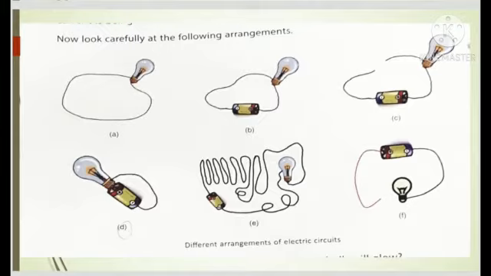You can conclude that the connecting wires are not connected properly. Now the last one clearly shows that one terminal, one end of the connecting wire, is free, there is no closed path and no electric current will flow, and there is no question of the bulb glowing.